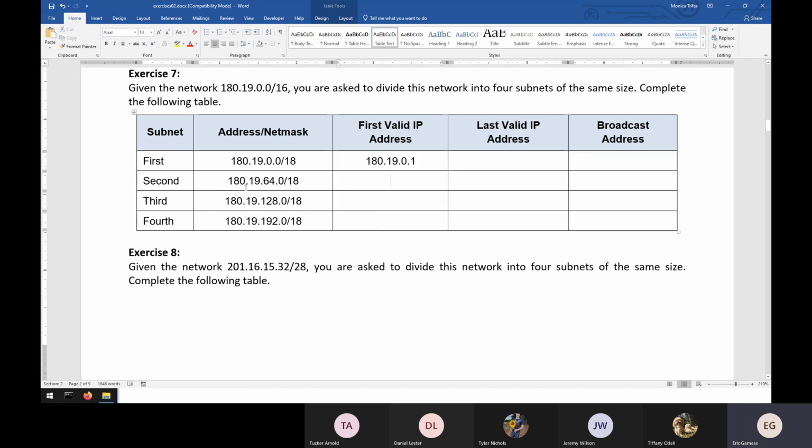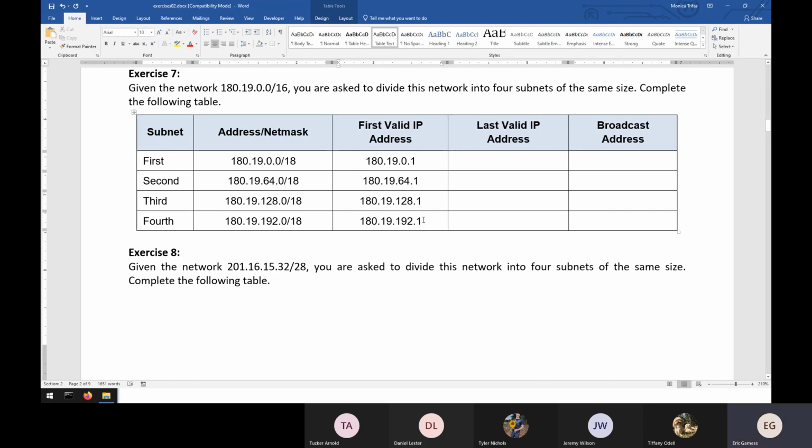For the second subnetwork, what will be the first valid IP address? One IP address after this one will be 180.19.64.1. Let me just copy it and modify it. It will be .1 here, and one IP address after this one will just be .1 here.